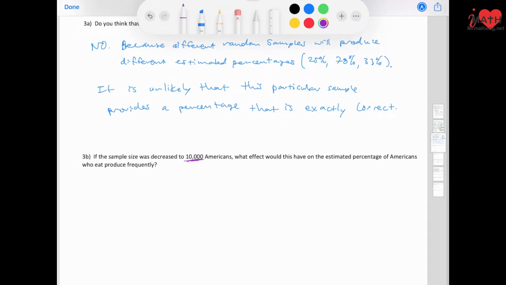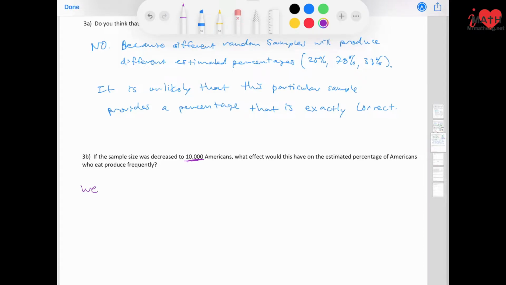Okay, so big idea, if you sample a lot, you're going to get a bigger and better picture of the whole population. But if you have a small sample size, it's just not going to be as accurate.